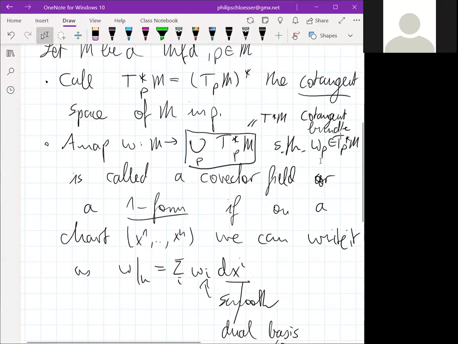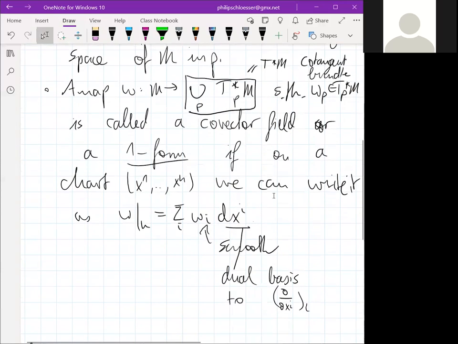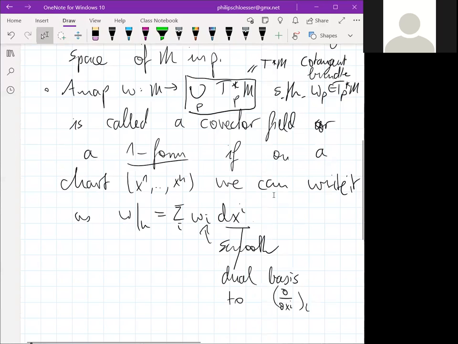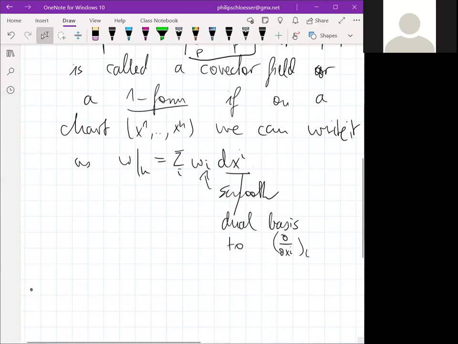On one hand, we can see one forms as sections of the cotangent bundle, i.e. maps from M into the cotangent bundle such that at every point it is contained in the fiber over that point. On the other hand, we can also view them dually to vector fields.